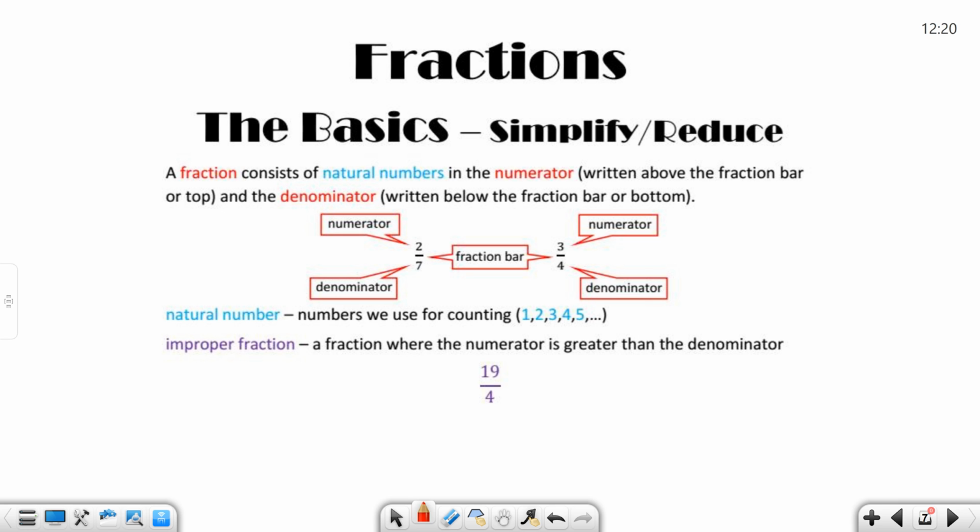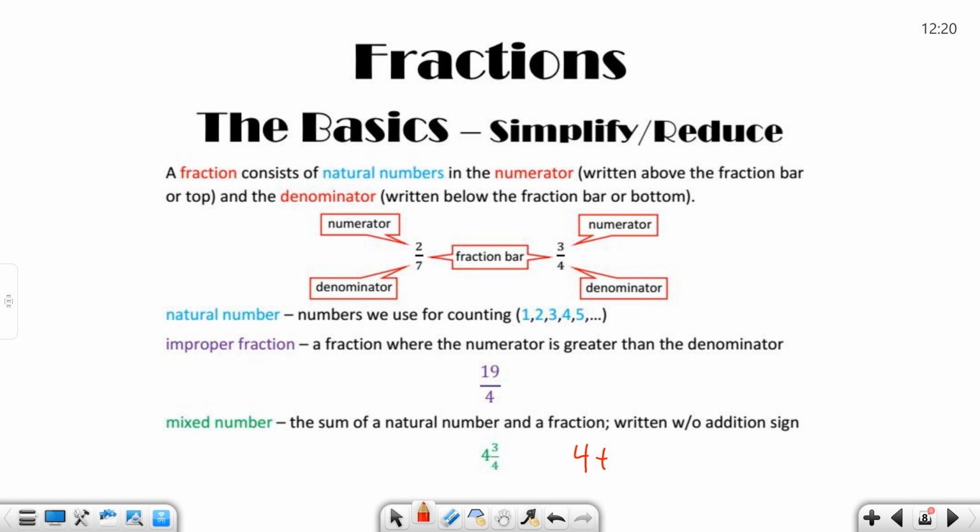That's an improper fraction. A mixed number is the sum of a natural number and a fraction written without the addition sign. So really, this is 4 plus 3/4. In algebra, typically if two things are written beside each other, it's multiply. But in a mixed number setting, that comes from arithmetic. That's not multiply there, that's plus. So that's really 4 plus 3/4. Now, these two numbers actually are the same thing.